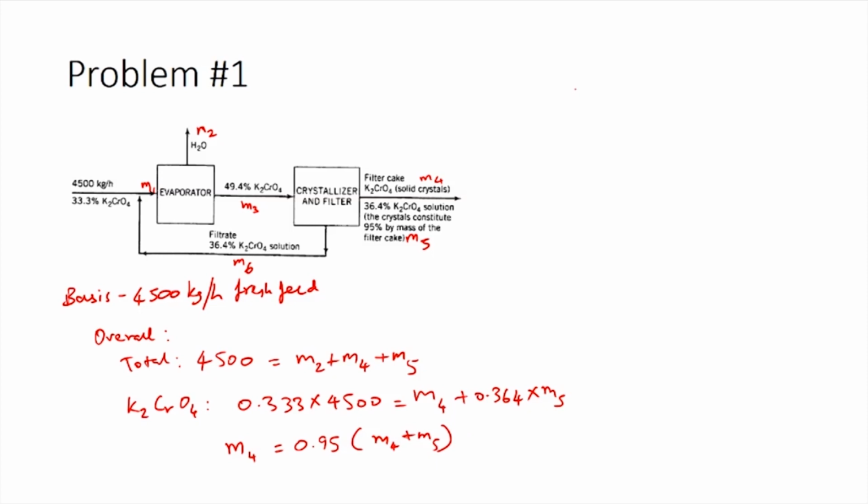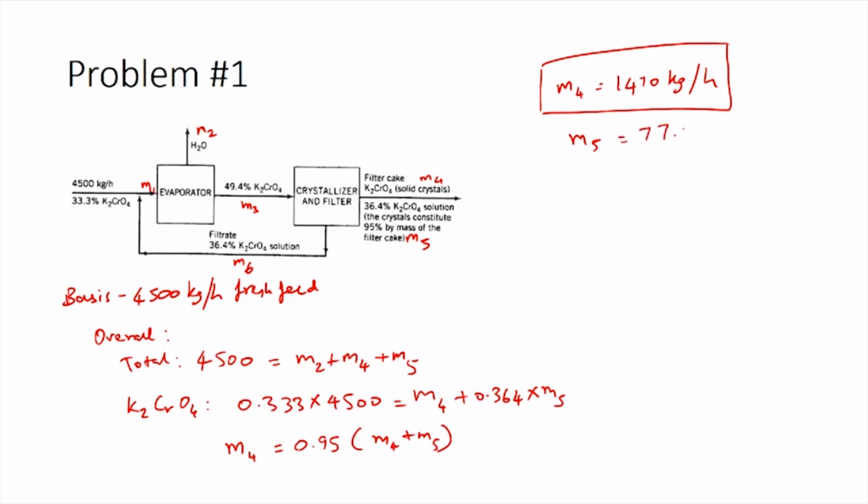So, M4 would be 1470 kilograms per hour. So, this is the rate of production of potassium chromate crystals, and from here we can also calculate M5, which would be 77.5 kilograms per hour. So, this is the amount of liquid accompanying the filter cake.